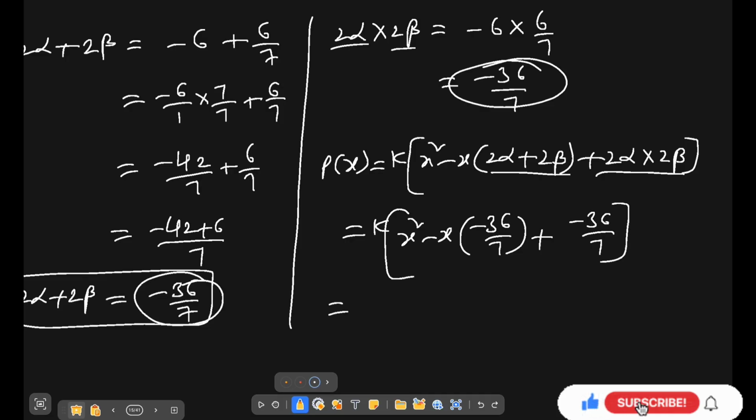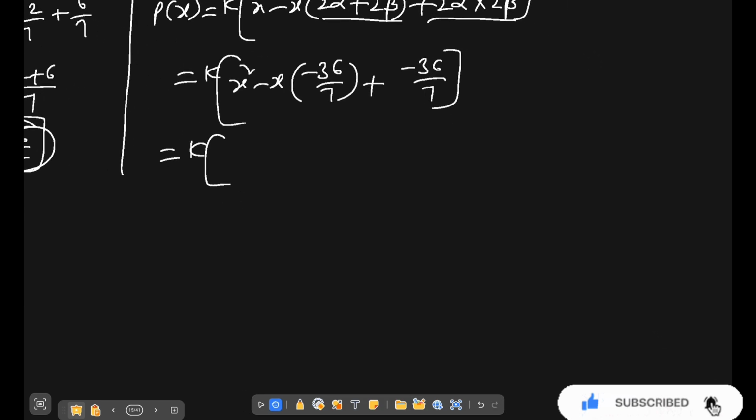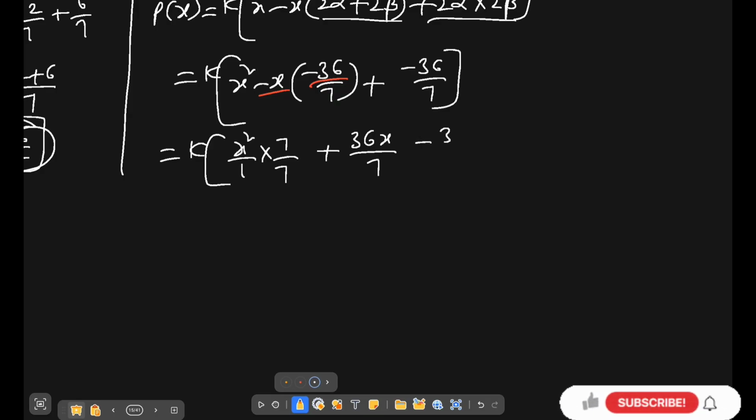Now k of, so this x square by 1, multiply with 7 by 7 to make denominators equal. Next here, what do we have? Minus x into minus 36 is equal to plus 36x by 7. Now it is minus 36 by 7.